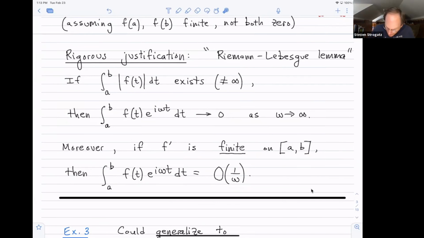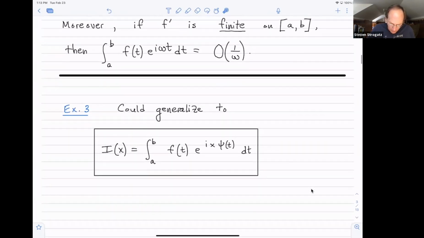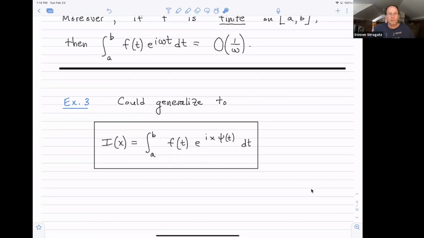We haven't done anything with stationary phase yet, but let me keep on cranking along here to now start writing some stuff in real time.